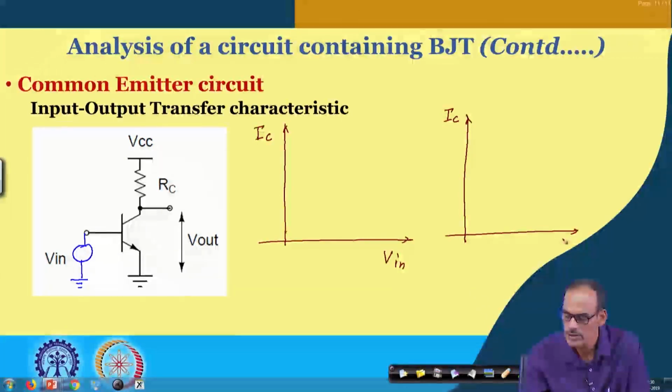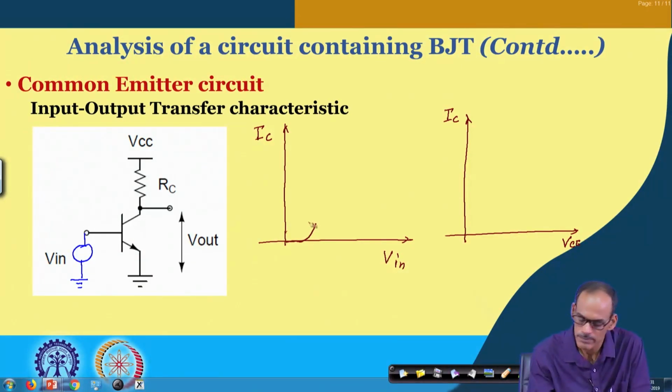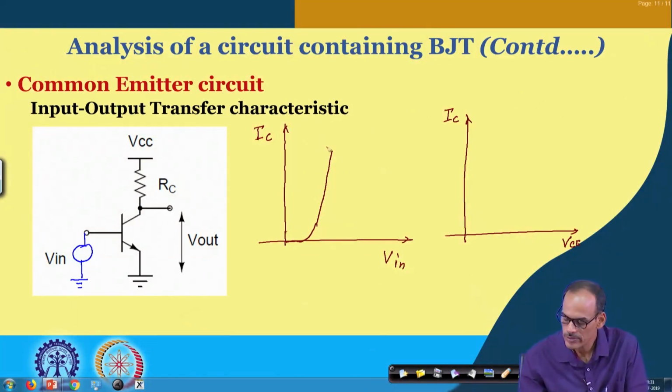So, Ic versus Vce, which incidentally is Vout, this characteristic curve, after multiplying with beta, is getting the output characteristic like this.